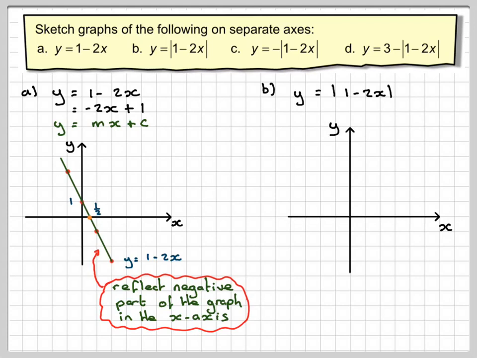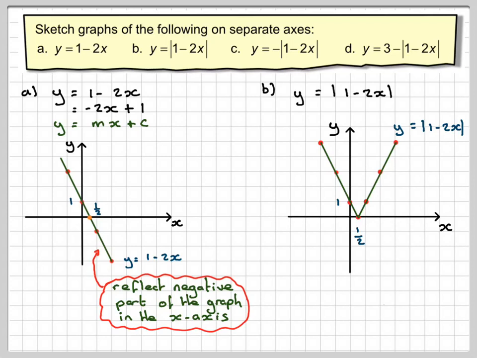So draw a set of axes, mark on that point, and then this bit here will be exactly the same as this side here. But this point here will go to here, so that's there on this graph. And then we get these going up, 1 across 2 up, 1 across 2 up, the opposite thing because we're reflecting it. We get the whole graph of y is equal to the absolute value of 1 minus 2x.